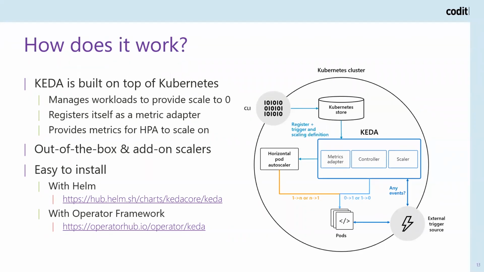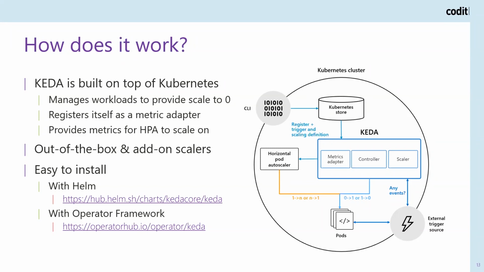So that means that if we see that there is nothing to process, we will get rid of all the pods. So that's the scale to 0. But when we see that there is workload again, we will add an instance and we will deploy an HPA to start the auto scaling based on the metrics we provide.